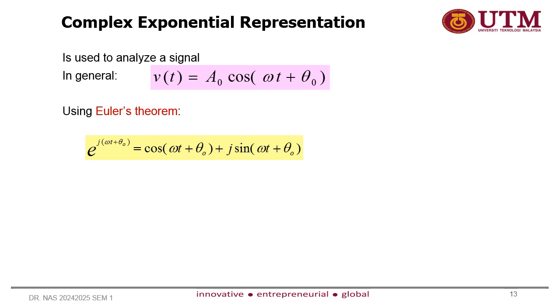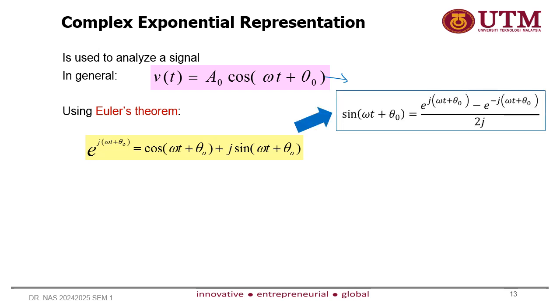The trigonometric equation can also be represented in complex exponential form by using Euler's theorem. We can get the equivalent exponential form for cosine and sine functions. For the sine function, sin(omega t plus theta) is equivalent to e to the positive j of whatever is inside the bracket, minus e to the negative j of whatever is inside the bracket, divided by 2j.